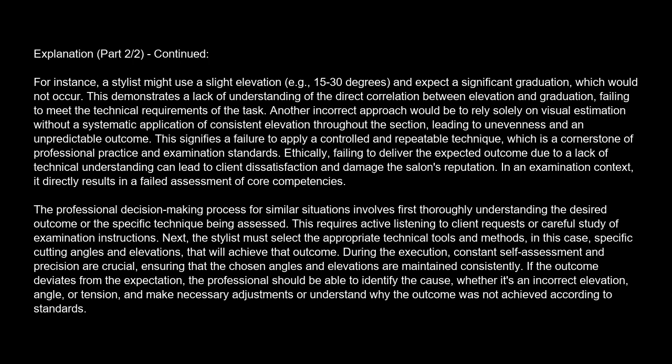During the execution, constant self-assessment and precision are crucial, ensuring that the chosen angles and elevations are maintained consistently. If the outcome deviates from the expectation, the professional should be able to identify the cause, whether it's an incorrect elevation, angle, or tension, and make necessary adjustments or understand why the outcome was not achieved according to standards.